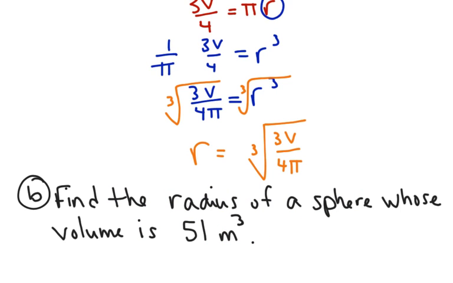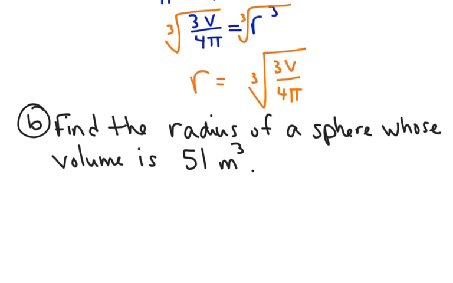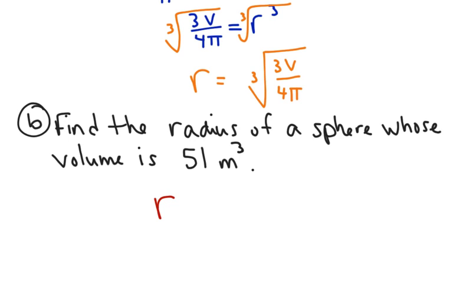Now let's go and use this formula to find the radius of a sphere whose volume is 51 cubic meters. So, the radius is the cube root of 3 times 51/4pi. Now, however you want to go about doing this problem, I don't care. The way I would do it is I would evaluate the part that's under the radical and take its cube root, and I would do it all in the calculator so that I never have to round anything off.